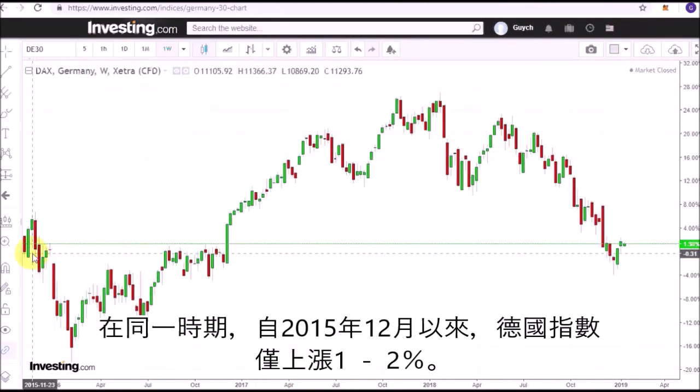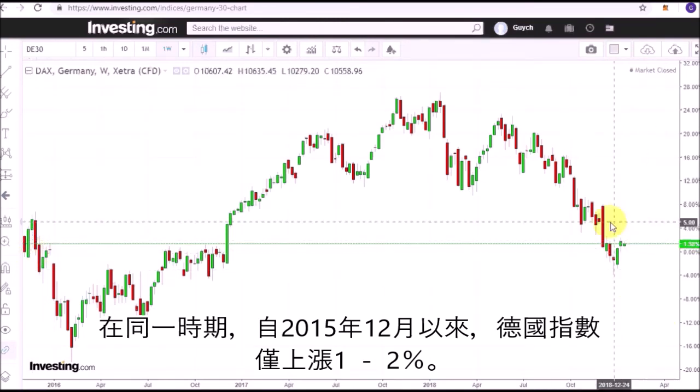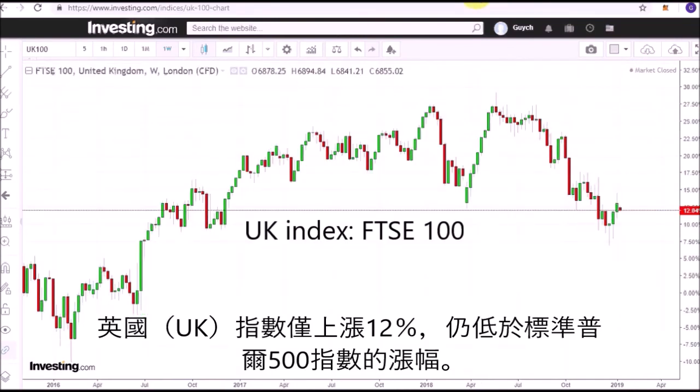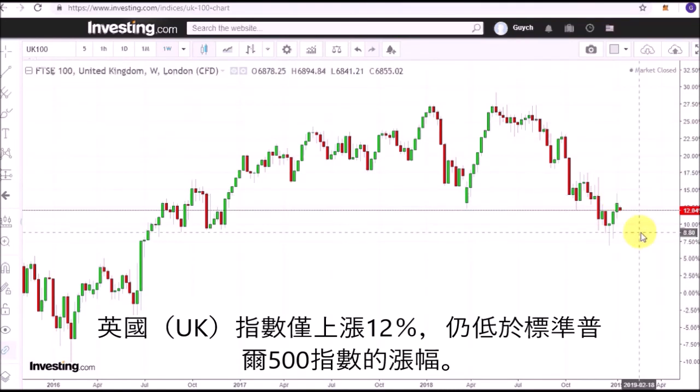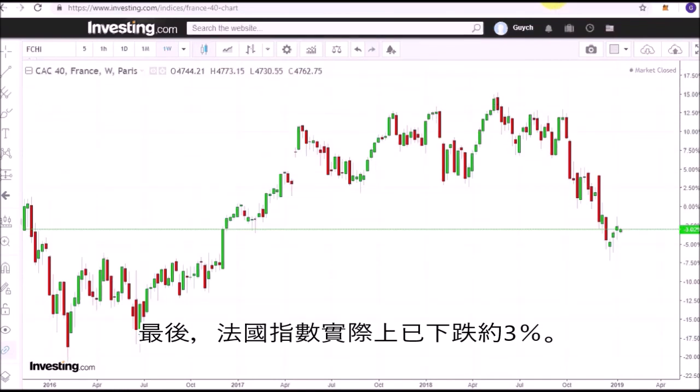Over the same period since December 2015, the German index has only gained between 1 and 2%. The European index has gained only 12%, which is still less than what the S&P 500 gained. And finally, the French index has actually lost around 3%.